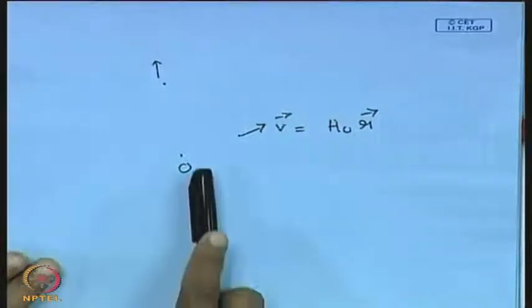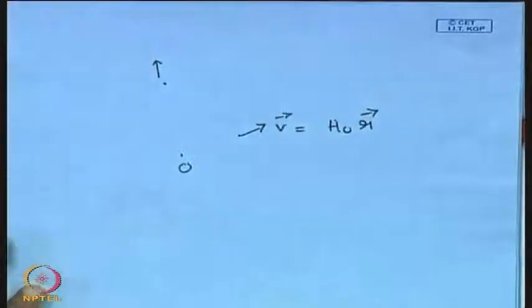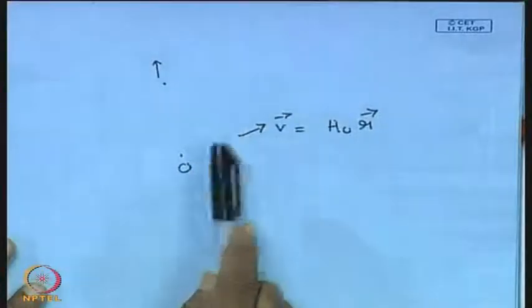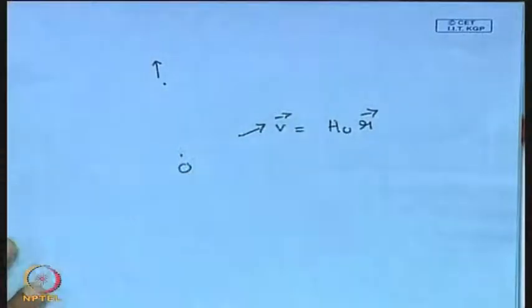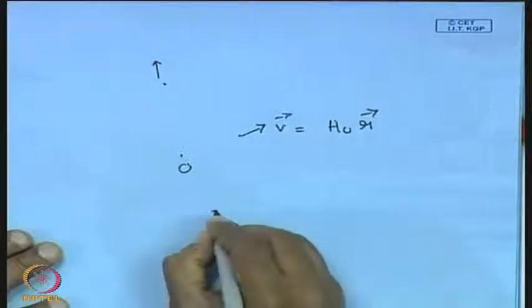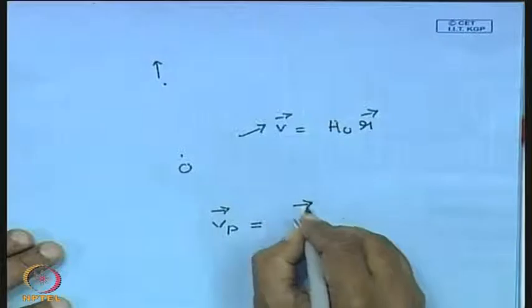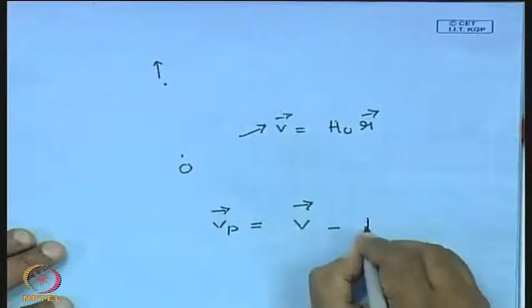Now, in reality, in addition to the velocity due to the expansion of the universe, the galaxies have other components of velocities also, and this other component is called the peculiar velocity. So, peculiar velocity is by definition the actual velocity of a galaxy minus what you expect from the Hubble law.